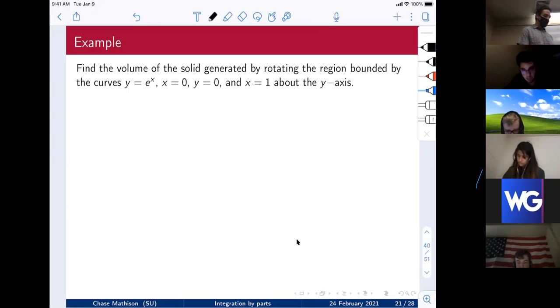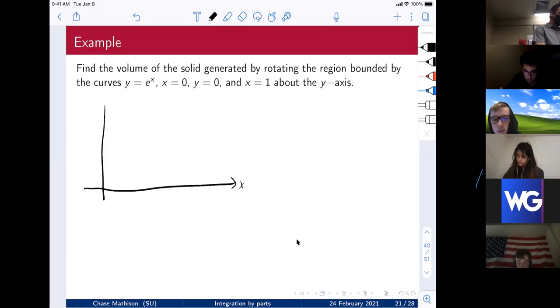Now, actually, this region isn't really that complicated. But we're going to get an integral that we wouldn't have been able to do before. So let's look at this curve, y equals e to the x. Who can draw in the air roughly what that looks like?